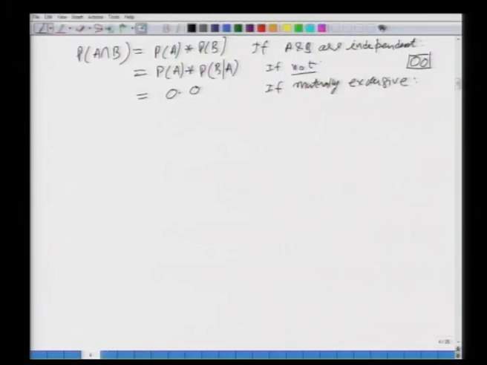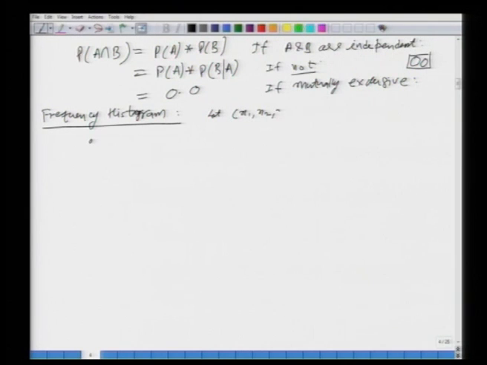So, the next thing we are going to look at is what is called the frequency histogram. What is done in this is you have the data. Let us say that we have a data set x1, x2, x3 all the way to some xn.